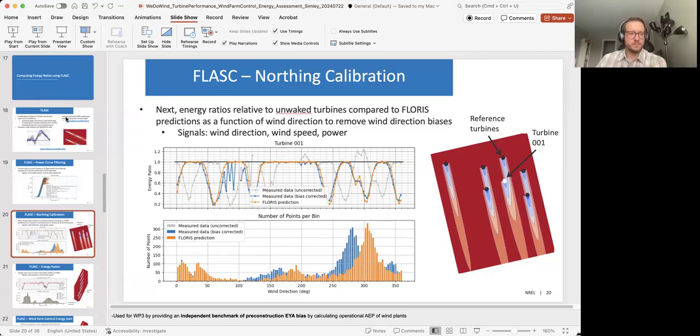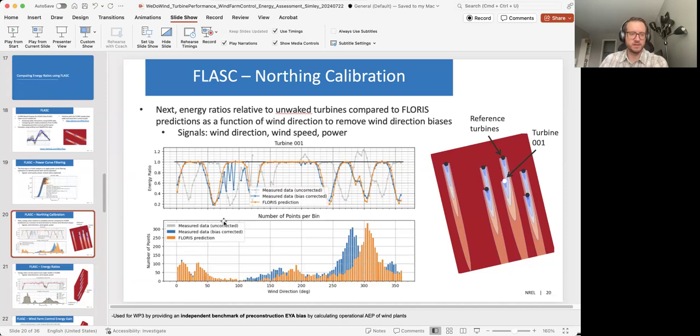Yeah, good question. FLORIS is most commonly used by itself for modeling purposes, and then we use FLASC when we want to look at field data. FLASC does require FLORIS to be installed, though some of the applications don't need to run FLORIS.